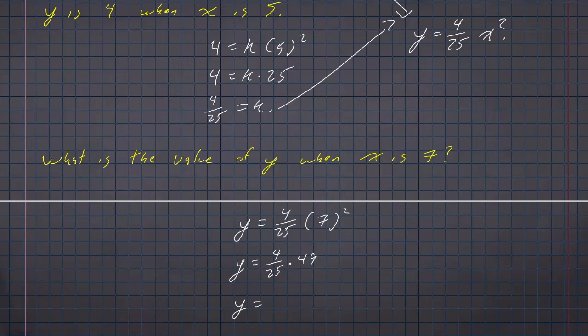So y is 196/25. And so we found the value of y when x is 7 for this particular situation.